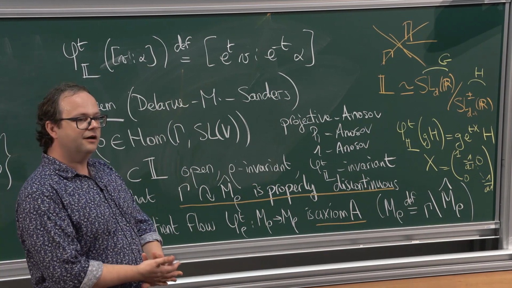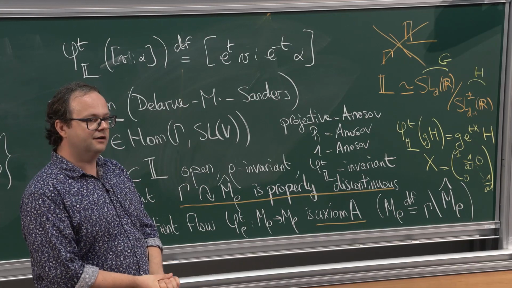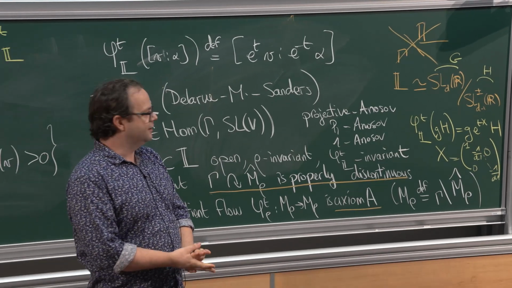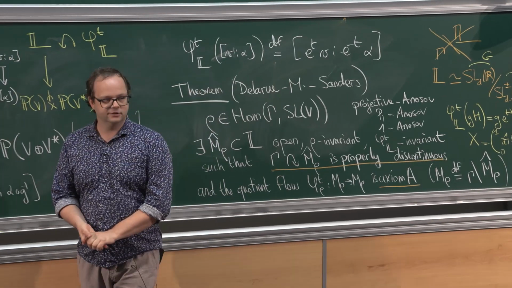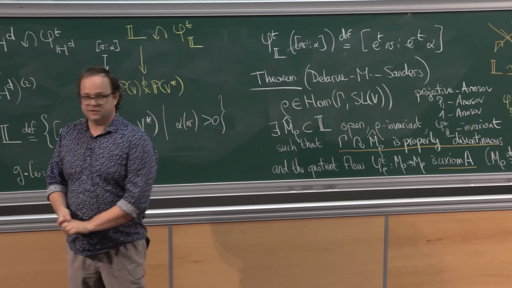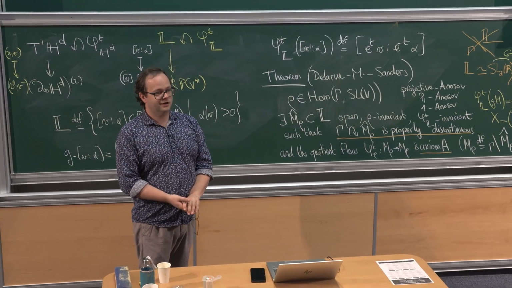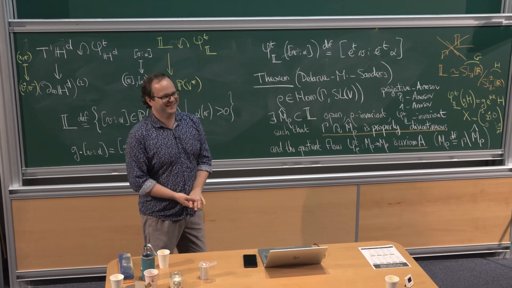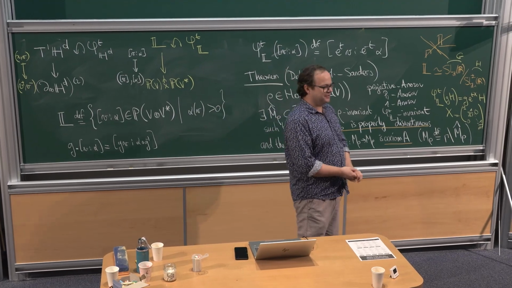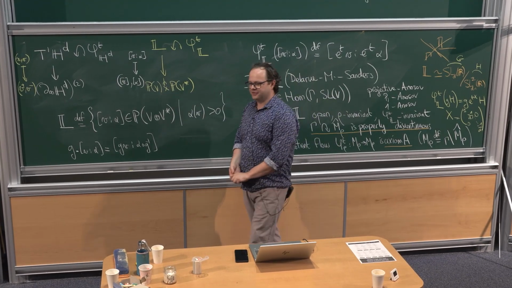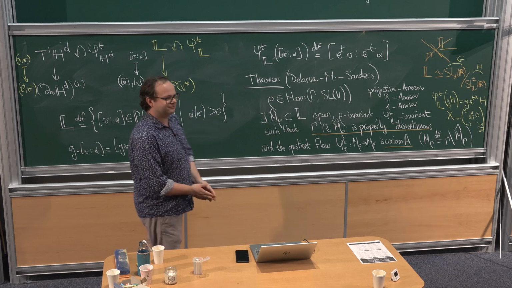What do you get when V is 2 or 3-dimensional? When V has dimension 2, the group is SL2, so this is the isometries of H2. It's one of the exercises that this is the same as the geodesic flow of the unit tangent bundle of H2.